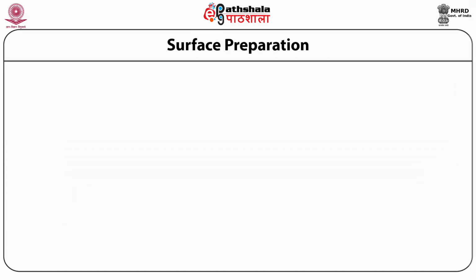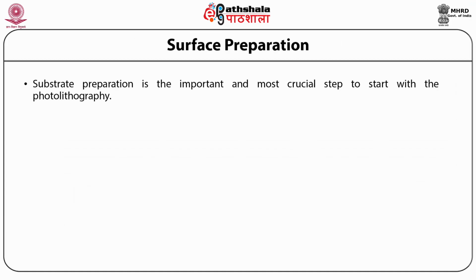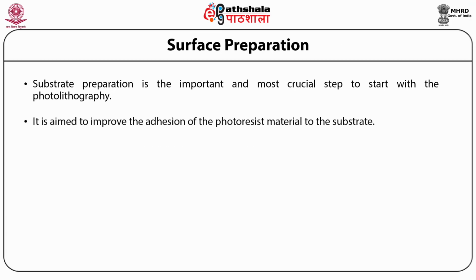Surface preparation. Surface preparation is the most important and crucial step to start with in photolithography. It is aimed at improving the adhesion of the photoresist material to the substrate. This is achieved by one or more of the following processes involving substrate cleaning and dehydration bake.